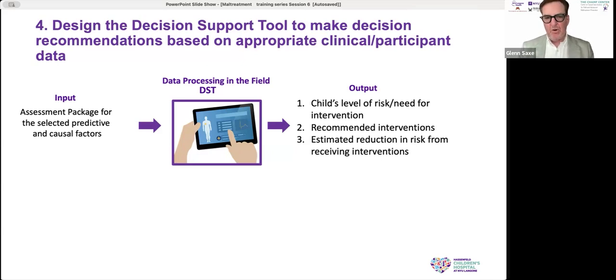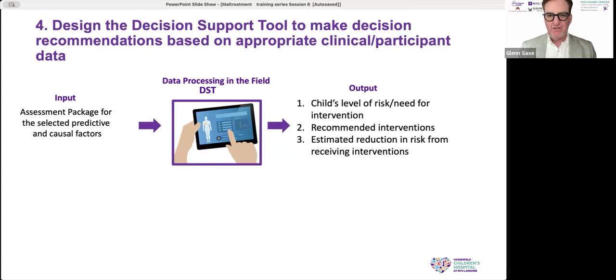I'll talk about most tools, or all tools in the field now, are essentially risk tools because they're based on predictive information and analyses and that sort of thing. One thing we believe is so important, that's a key theme of this training series, is you need causal knowledge in order to recommend interventions.